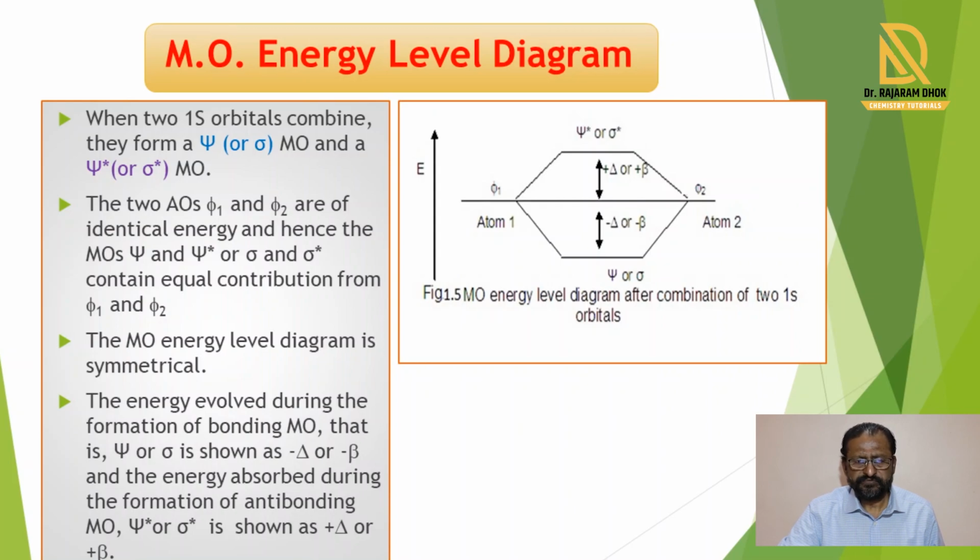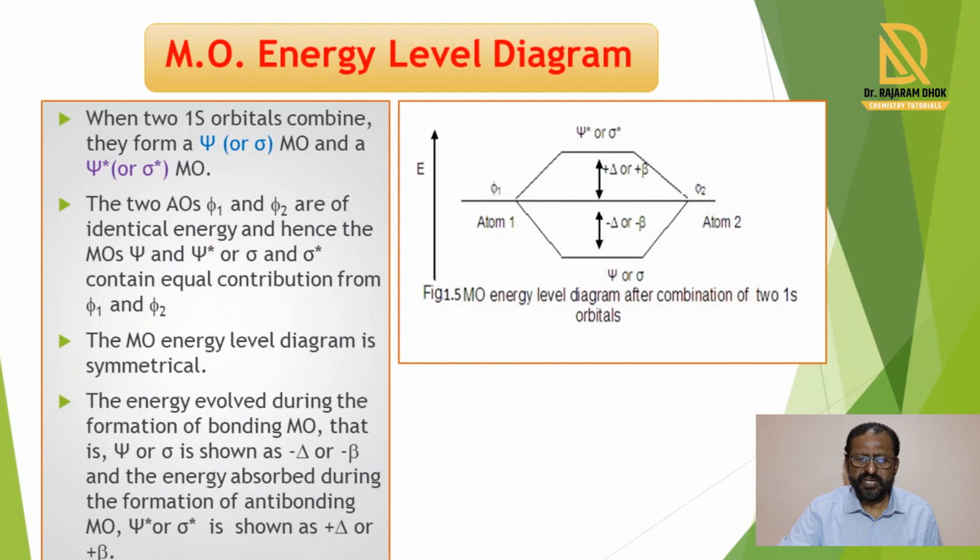In this way, in the molecular orbital diagram, we can show at the lower side that atomic orbitals combine linearly, and when wave functions are the same, they are added and form the bonding molecular orbital, shown by the symbol psi or sigma.